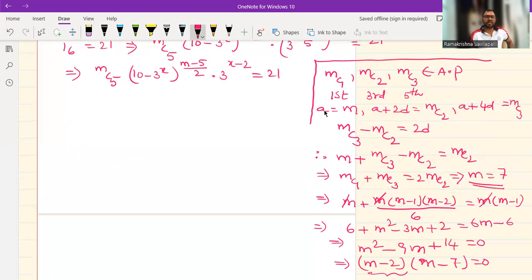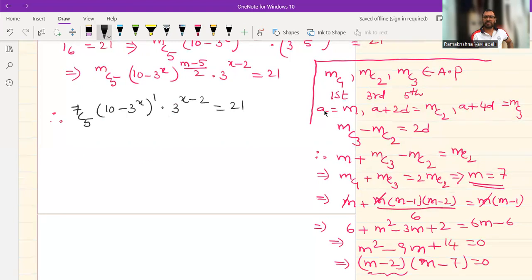So substituting here, therefore 7C5 (10 minus 3 to the power of x) whole square. This is 7 minus 5, 2 by 2, this is power 1, into 3 to the power of x minus 2 equal to 21.